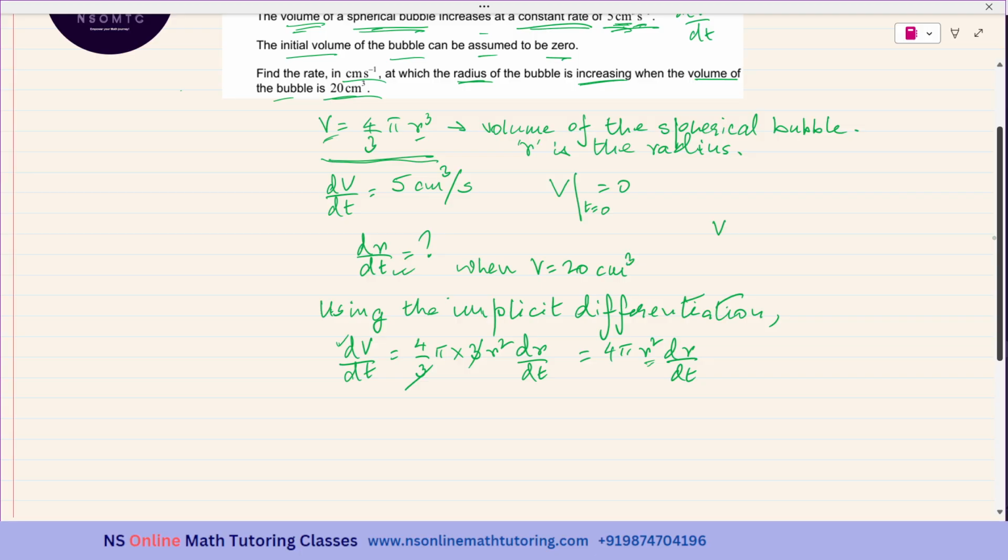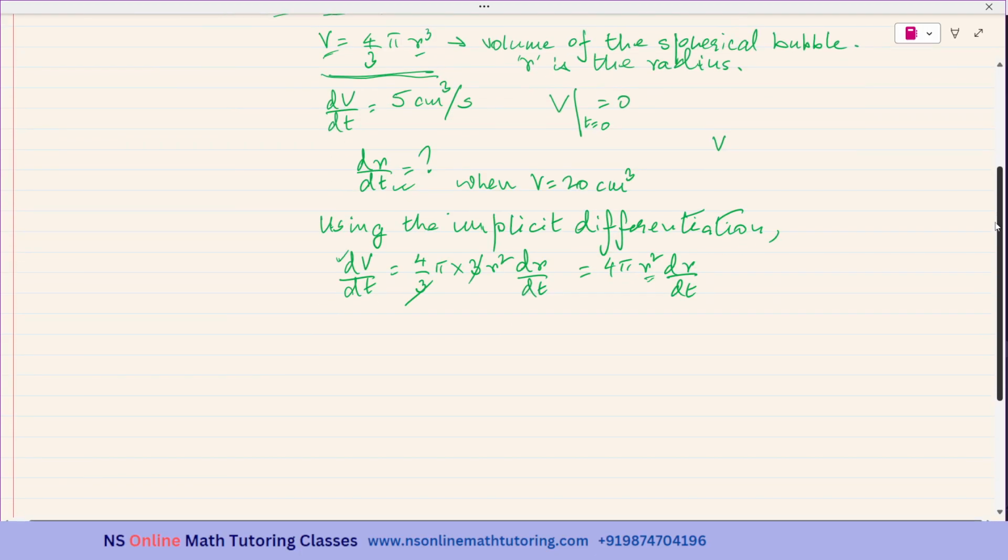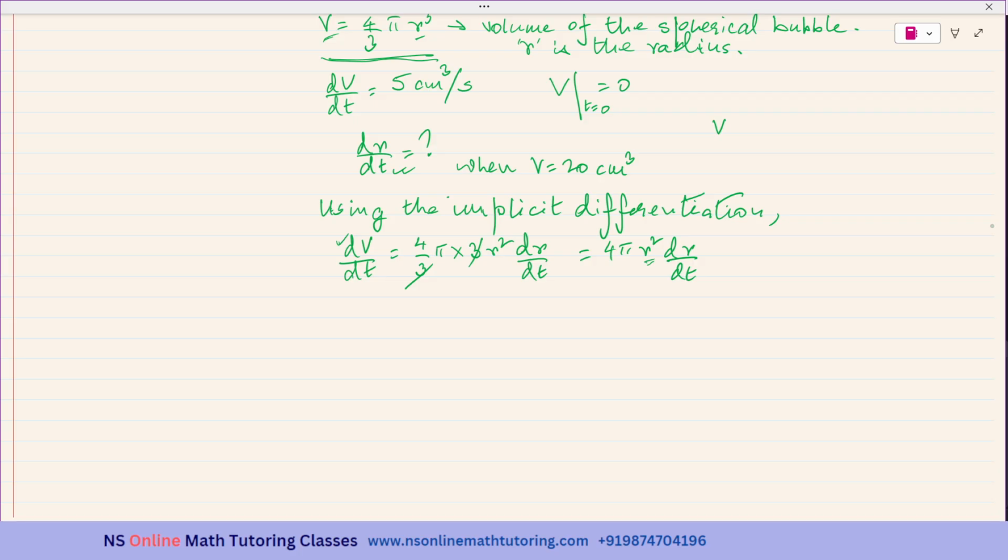Okay, so this is given to us. So, we know the relation V equal to 4 over 3 pi r cube. So, when V is equal to 20, then it is 4 over 3 pi r cube. We need to find the value of r. So, this is r cube equal to 20 times 3 is 60, 60 over 4 pi.